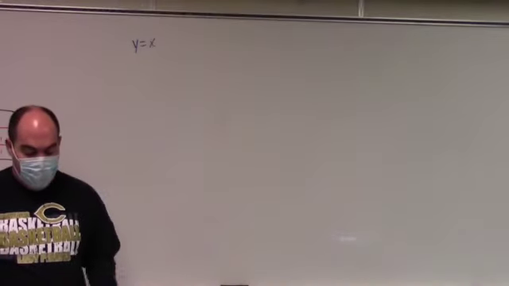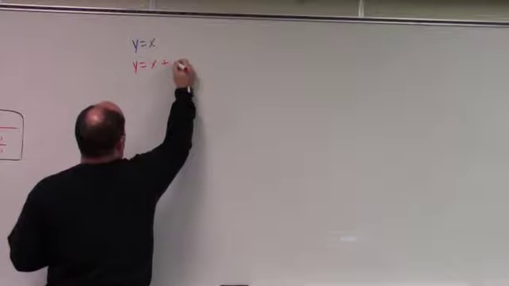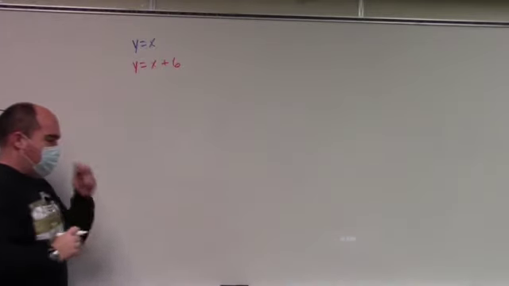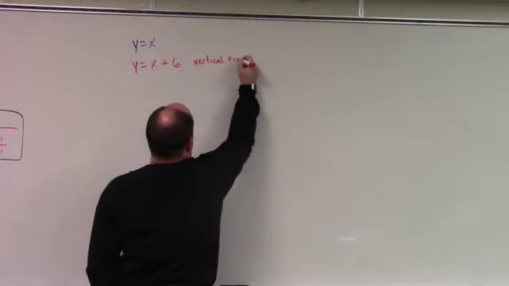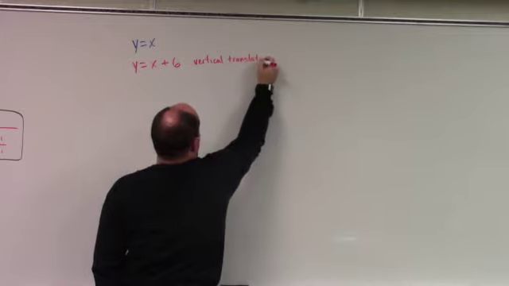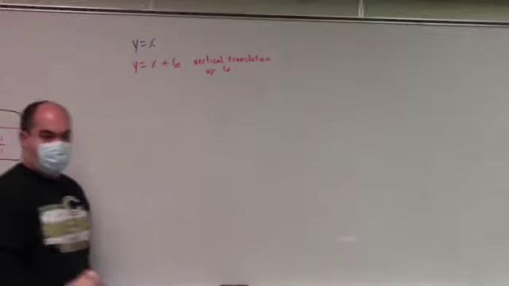Is everybody good with that? Okay, so if we change this to like plus 6 or plus anything greater than 0, we would say that this is a vertical translation up 6.